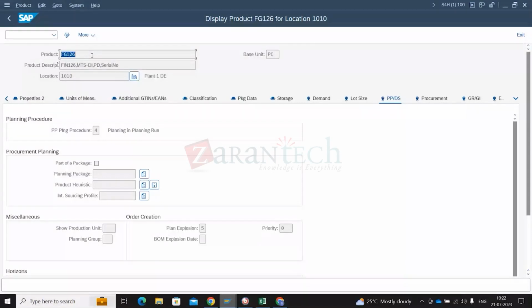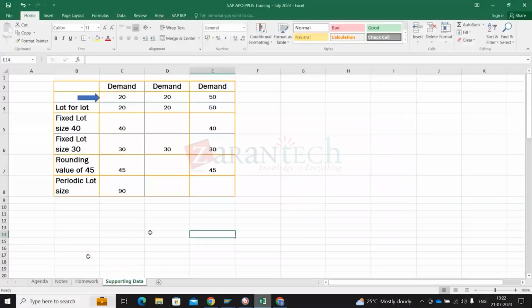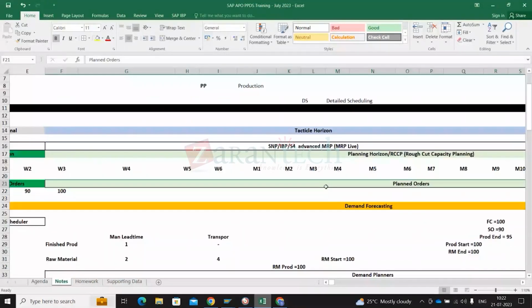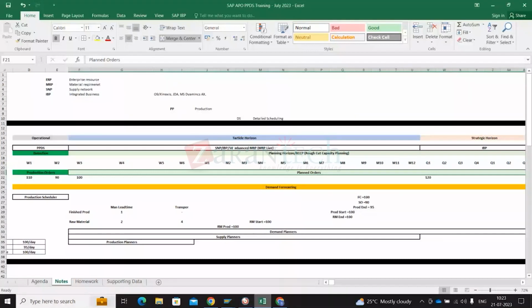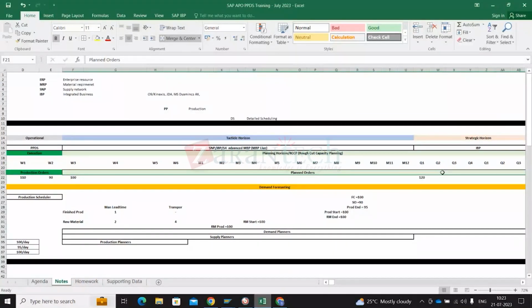Again, going to this diagram, the long-term planning is happening per week or sometimes per month. You're not doing long-term planning per day, because the previous engines do not support it. Now with IBP, it has started supporting planning every day also, but still the long-term planning is rough cut.